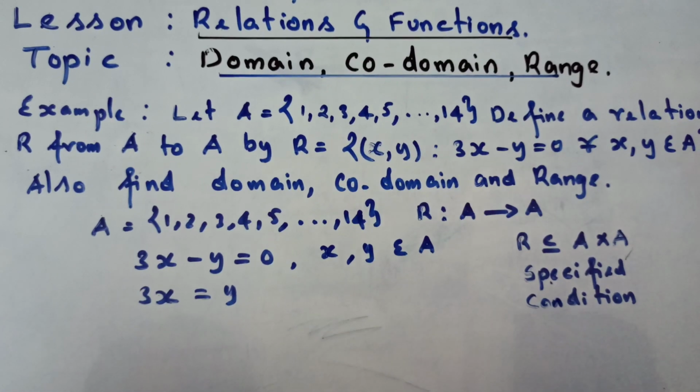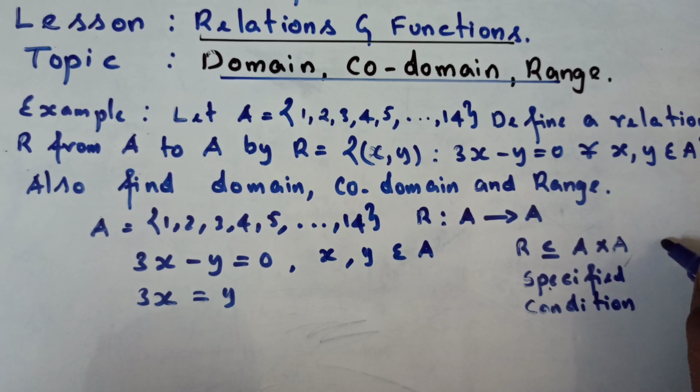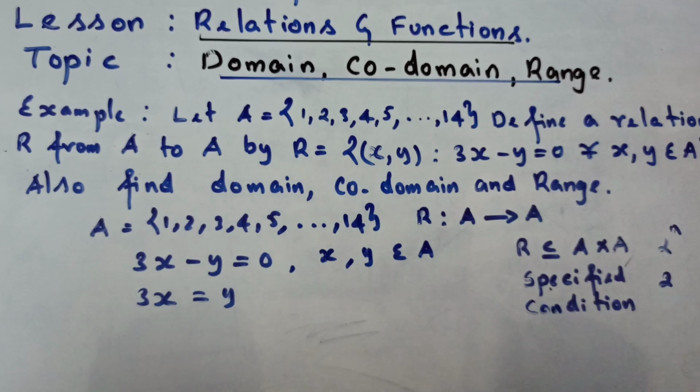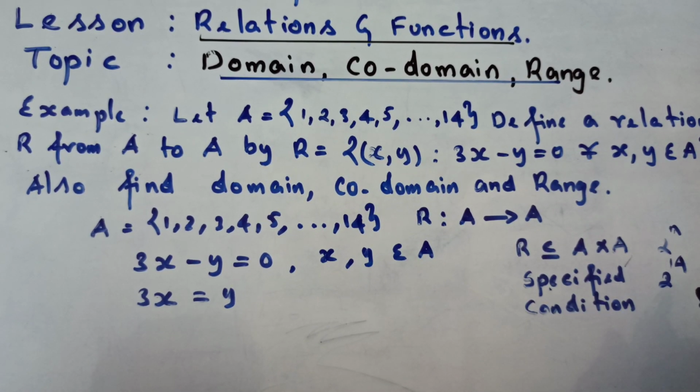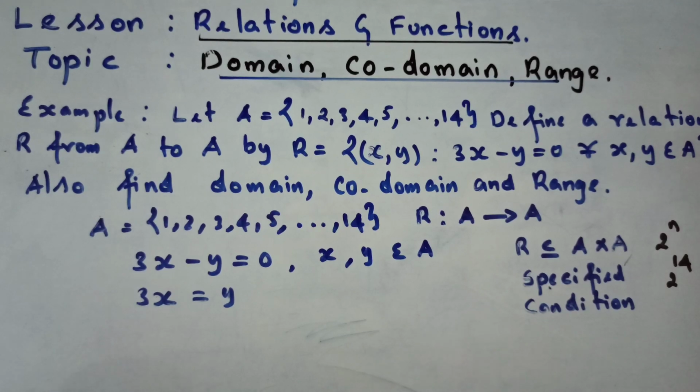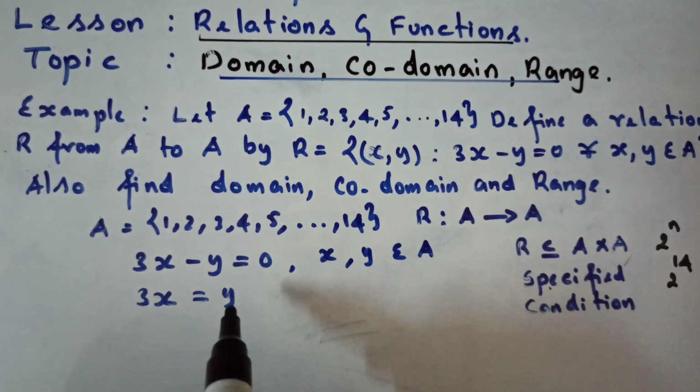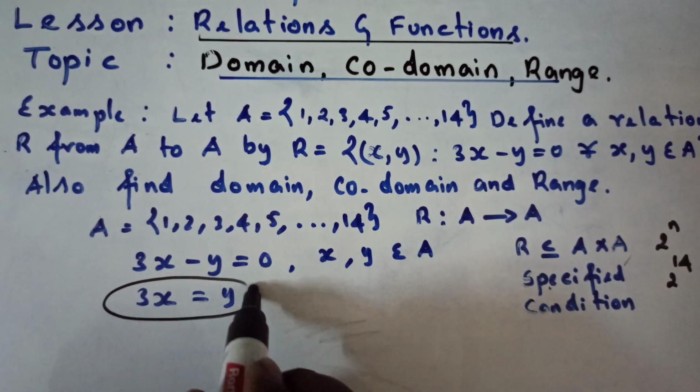The formula is 2 raised to the power of n, and we have 14 elements, so we have 2 raised to the power of 14 subsets. Though we have 2 raised to the power of 14 subsets, we are going to collect the subsets which satisfy this specified condition.